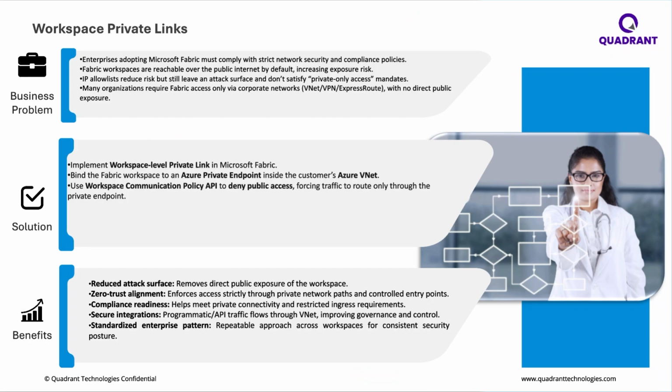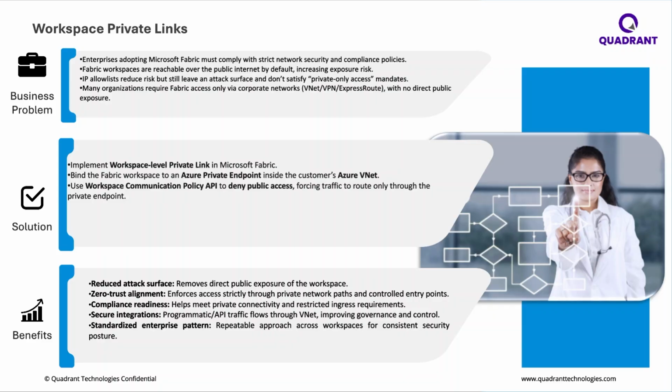So with respect to workspace level private links, if you haven't watched the other video related to outbound access protection from workspace, that's a different topic on the outbound side. I would encourage you to have a quick look at the other video that we already published in the channel related to outbound access protection. But this is purely on the inbound networking side.